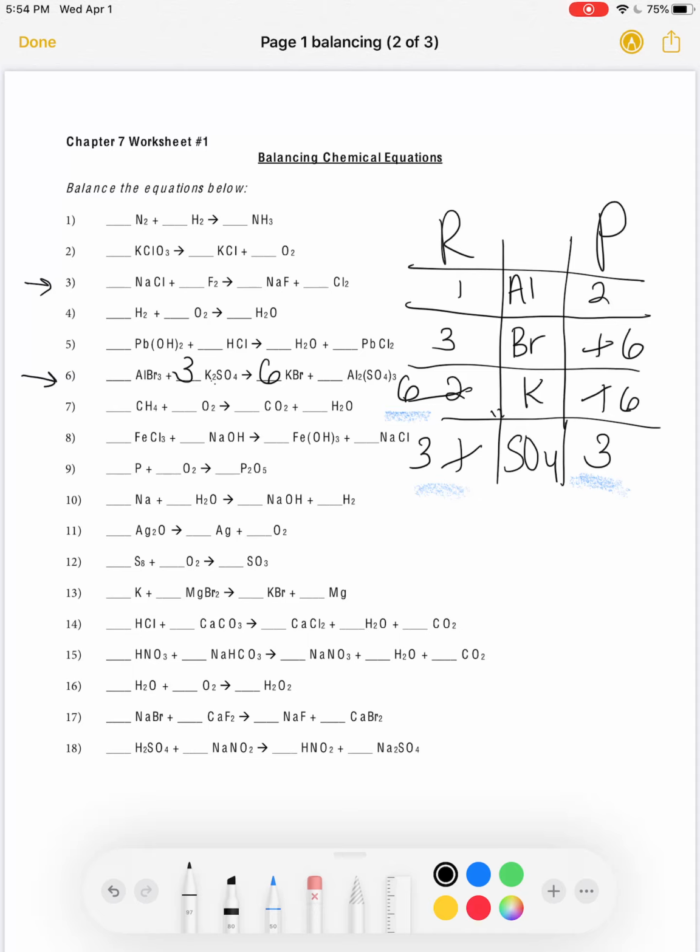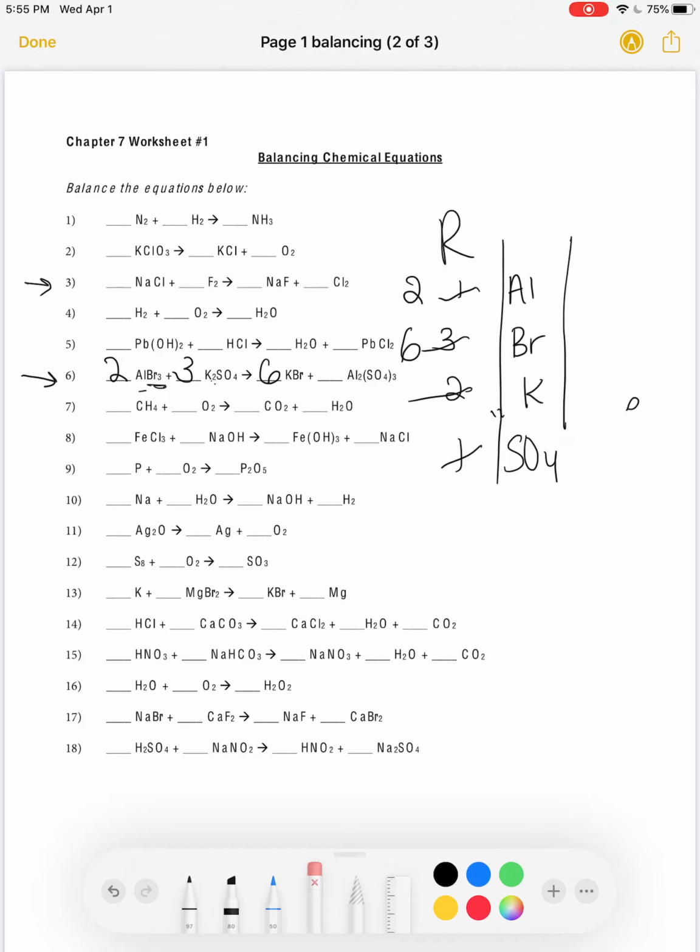Give it a second. Well, if I put a 2 here, that gets me the 2 aluminums that I need, and also is 2 times 3, so 6 bromines. Okay, so my formula is now balanced. My coefficients are 2, 3, 6, 1. Okay, so this is the homework sheet, by the way.